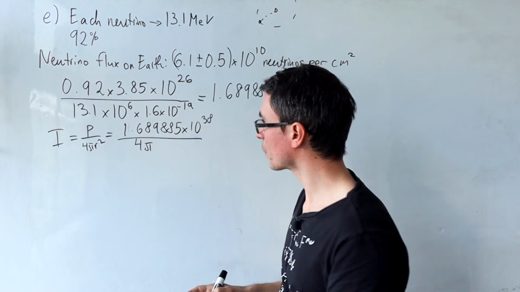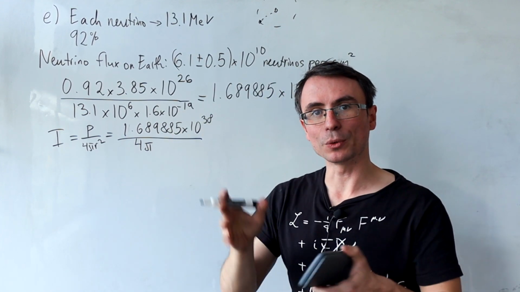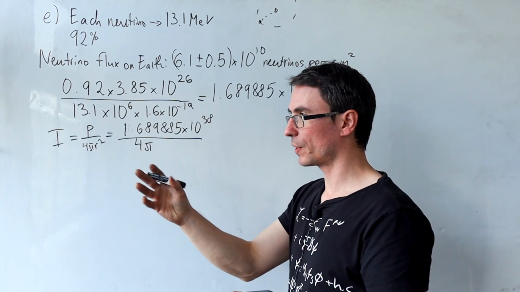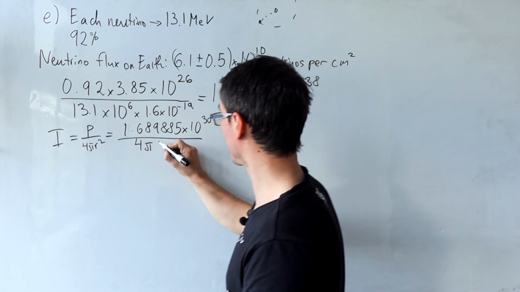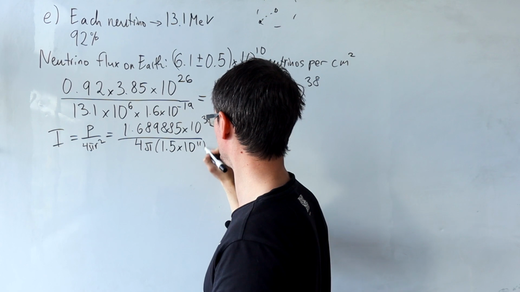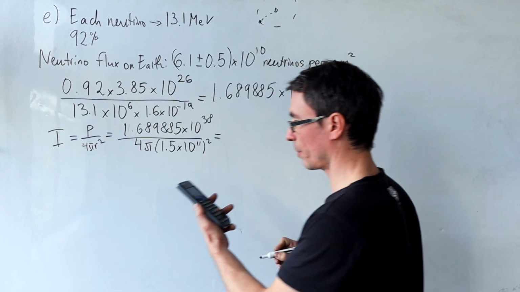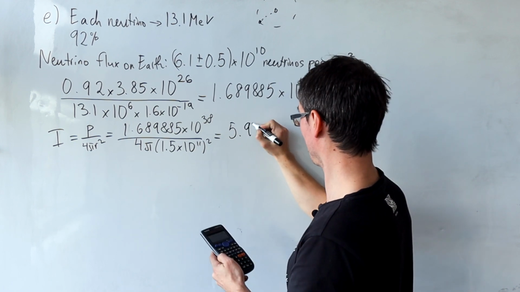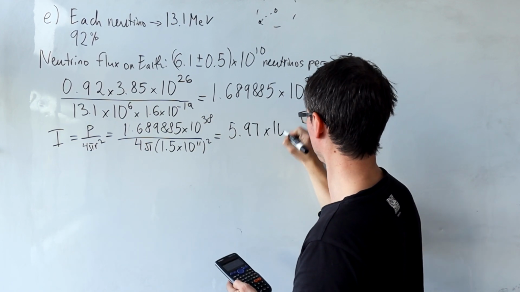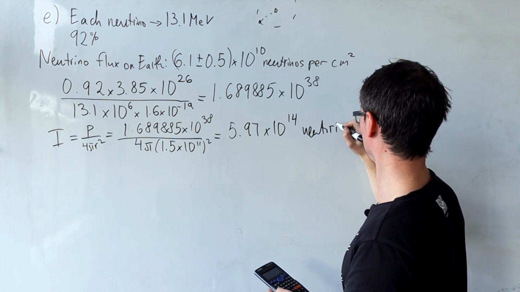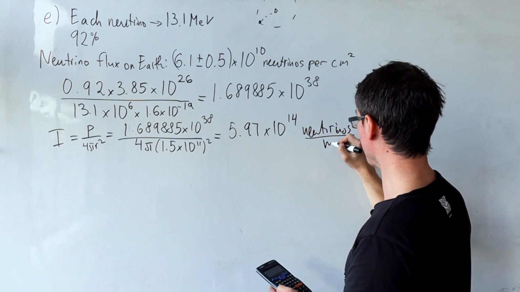R in this case is the astronomical distance, the average distance between the Sun and the Earth, which was 1.5 times 10 to the power of 11, and then we square that. This gives me around 5.97 times 10 to the power of 14 neutrinos per square meter.